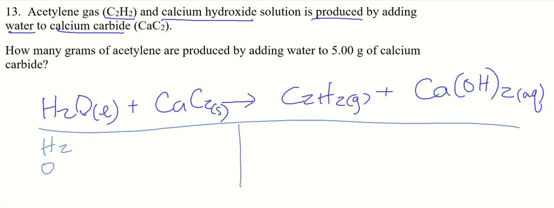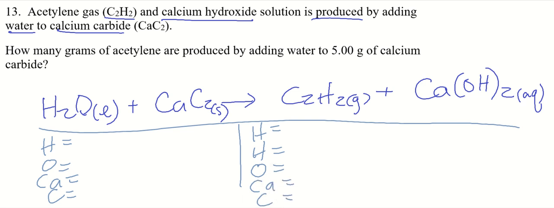Hydrogen, oxygen, calcium, and carbon on the left side. In the same order on the right side, hydrogen appears in 2 locations, so 2 different lines for those. Oxygen, calcium, and carbon.